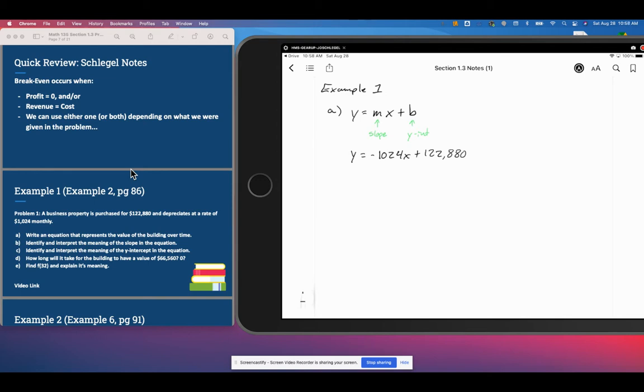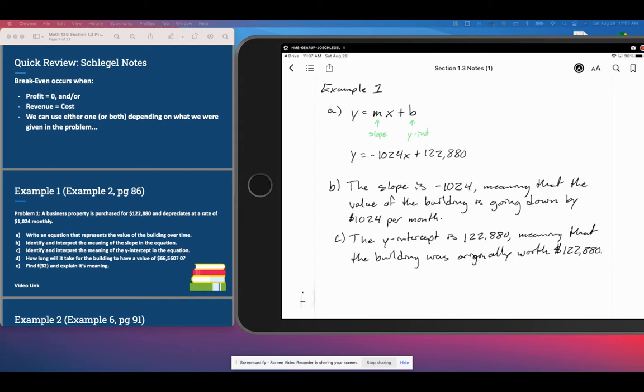We need to identify and interpret the slope in this equation. And so I'm going to do that, but I'm going to pause the video so you don't have to sit through me doing all of my writing, and I will be right back. And magically, I have written those two things out.